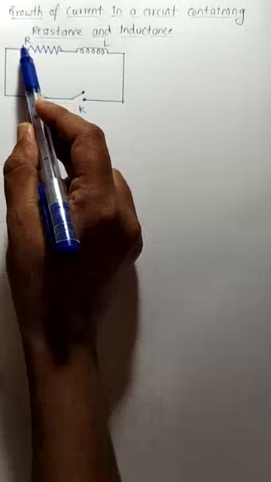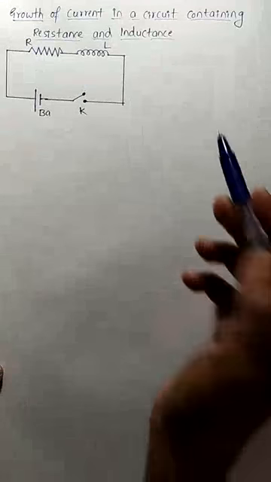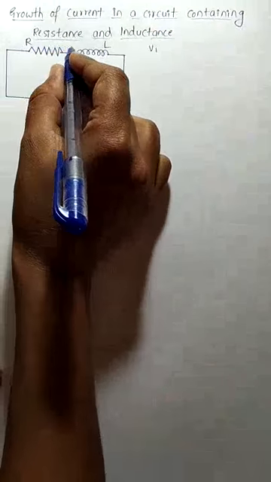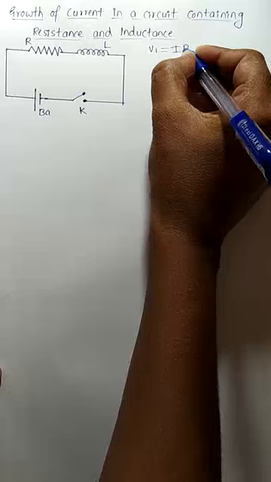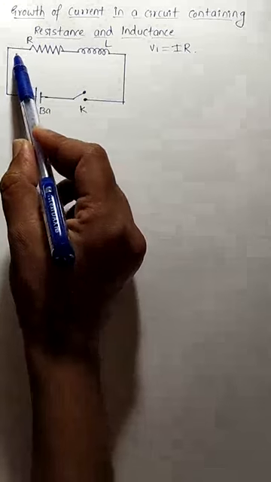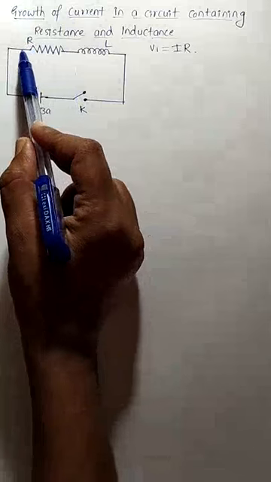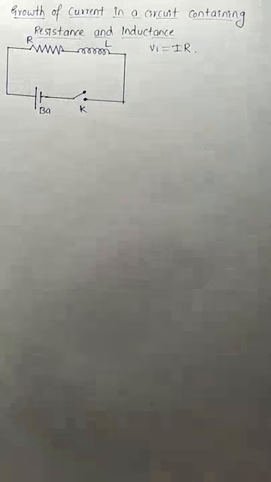At that time the voltage across the two ends of the resistor, I will write it as Phi1, is equal to current into resistance, I into R, according to Ohm's law. So Phi1 is equal to I into R.